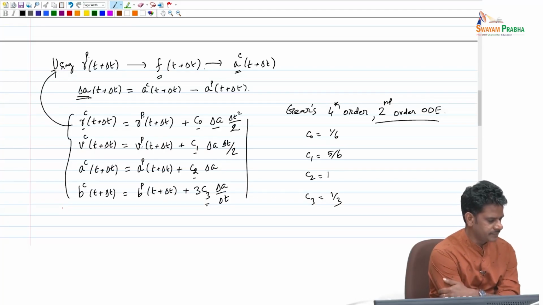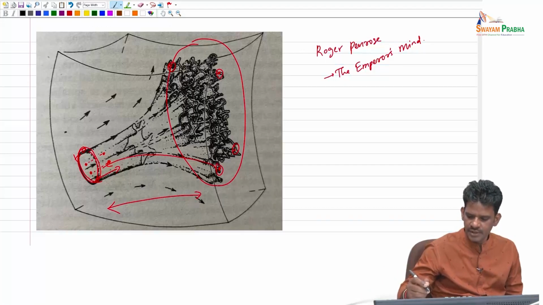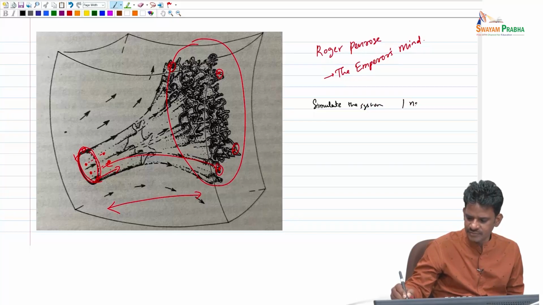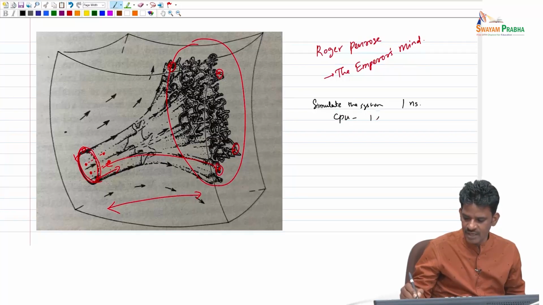Okay. Yeah. And just the last thing, why do we need a larger delta T in this case? That is because, let's say you want to simulate the system for 1 nanosecond, and you have a fixed computing time, say the CPU time available is 1 hour.